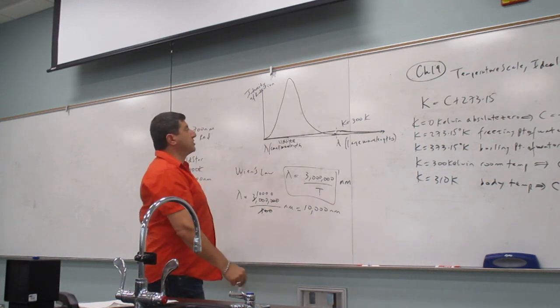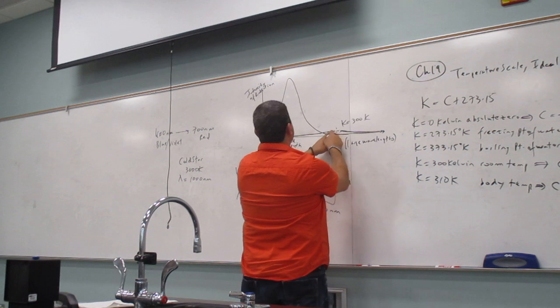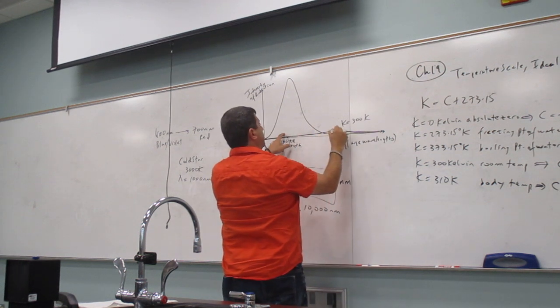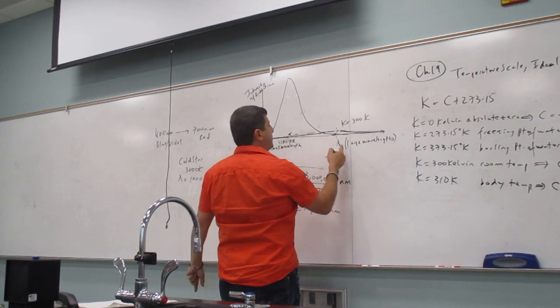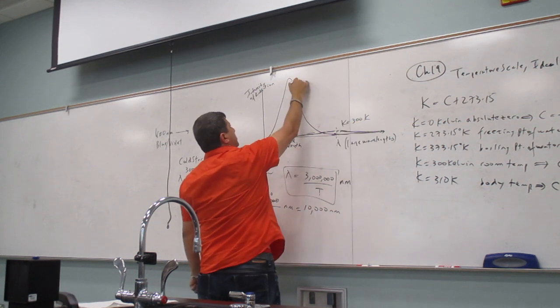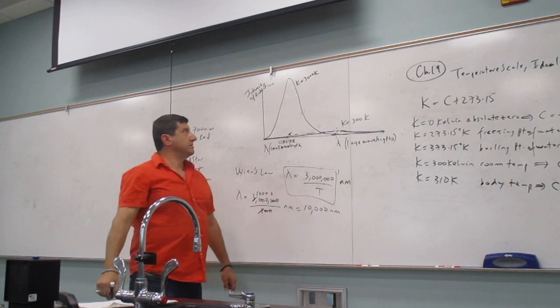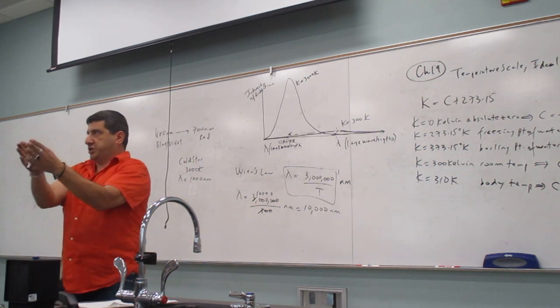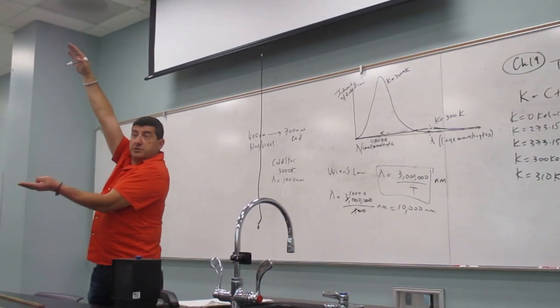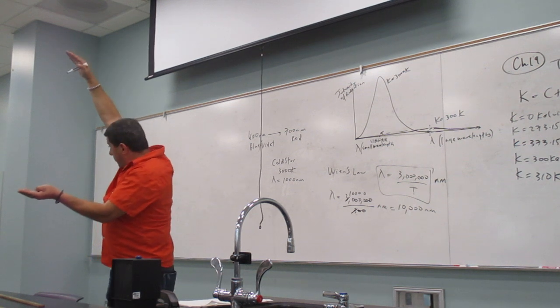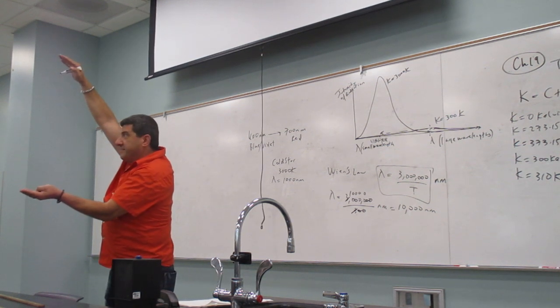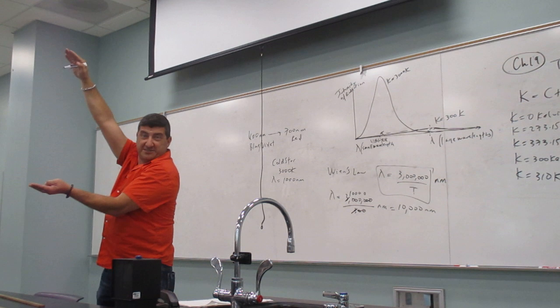So notice what happens. The peak shifts this way if you go from 300 Kelvin to 3,000 Kelvin. The peak shifts, but it also goes up, because since that object is hotter, it will emit much more radiation.